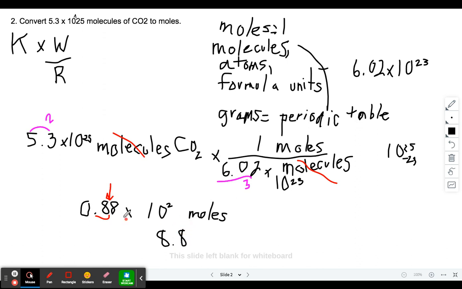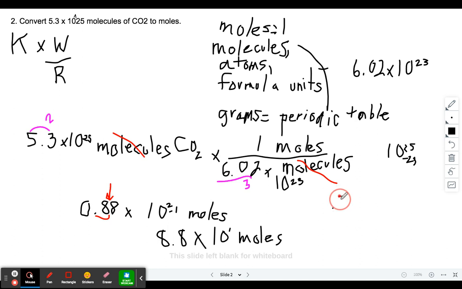And then my number was small, so I subtract the space that I moved. And so it becomes 8.8 times 10 to the first moles. That's your option of keeping it in scientific notation. I actually prefer to just get rid of the scientific notation altogether because it's really just not needed. So if you look at your original 0.88, it was 0.88 times 10 to the second.